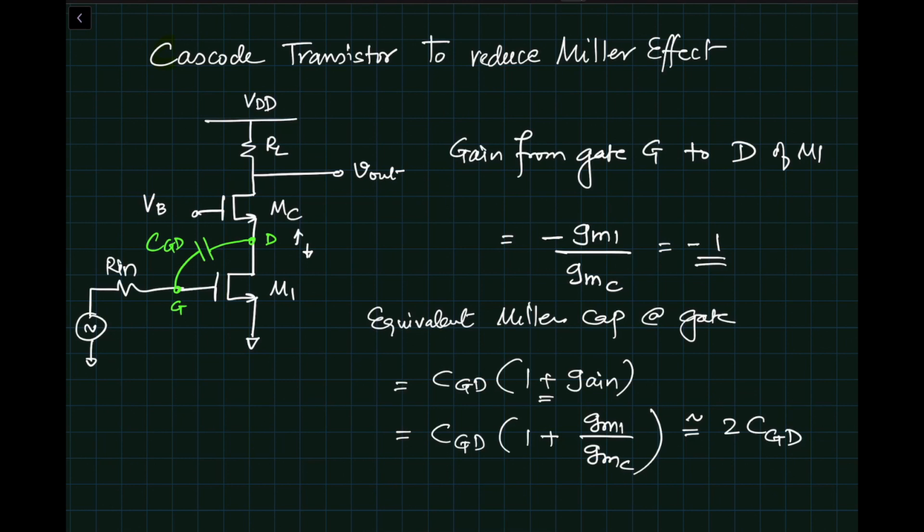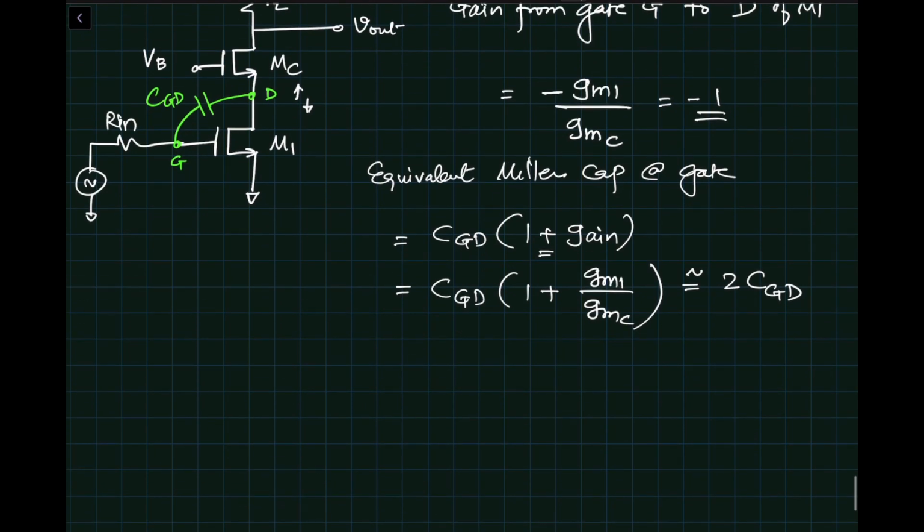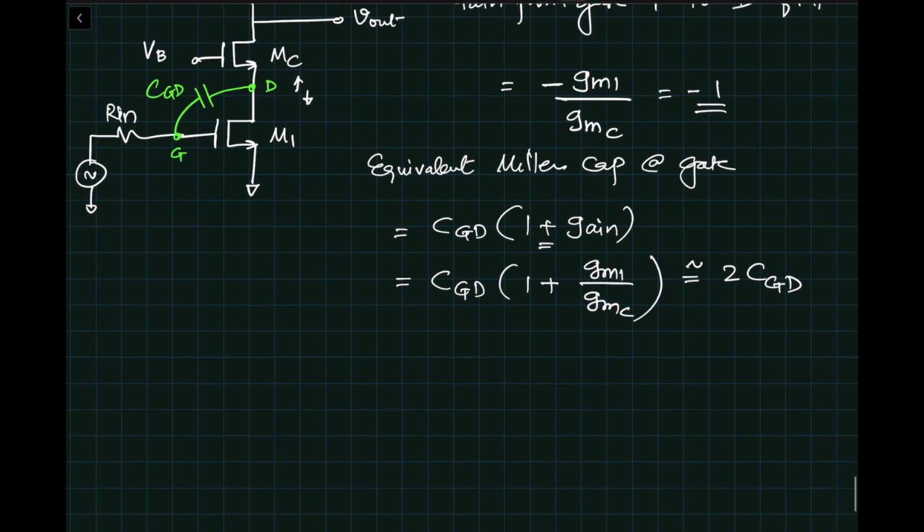So before we stop, I will draw a schematic of a cascoded diff pair so that you can understand how this works.